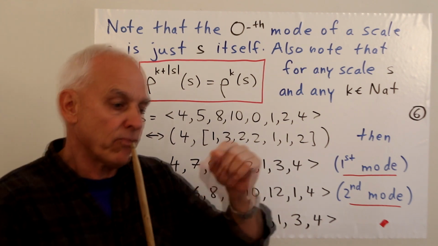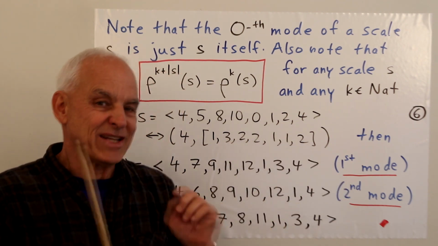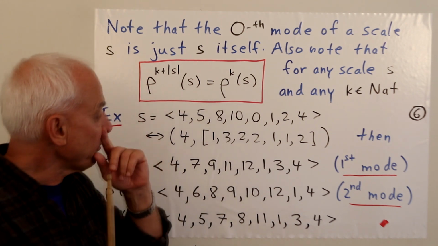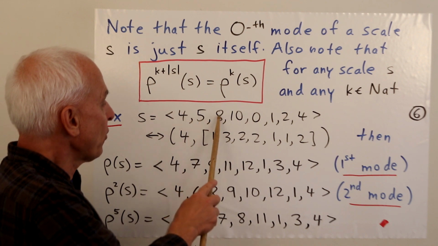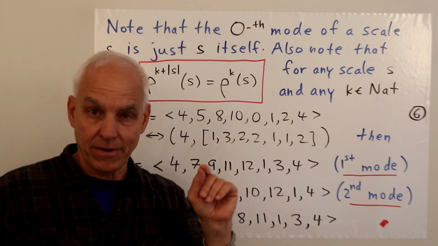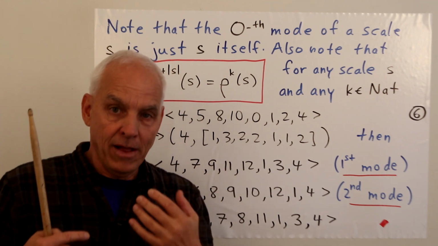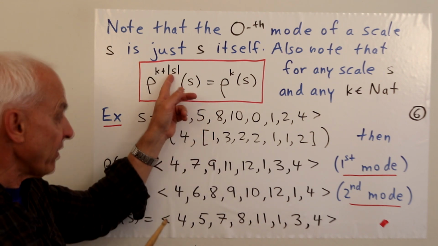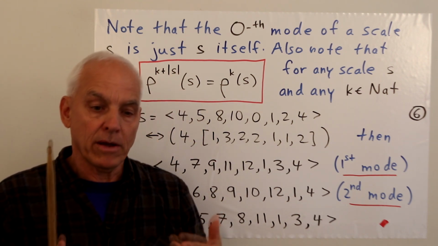In other words, the repetition comes about when we add the size of the scale. So let me remind you that if you have a scale like this, the size is 1, 2, 3, 4, 5, 6, 7. That's a scale that has size 7. There's 7 distinct notes in that scale. And that means that if we add 7 to any power of rho, then we get back to where we started.